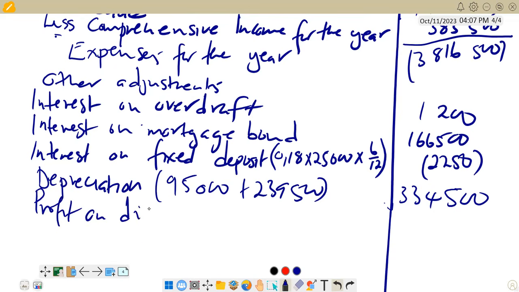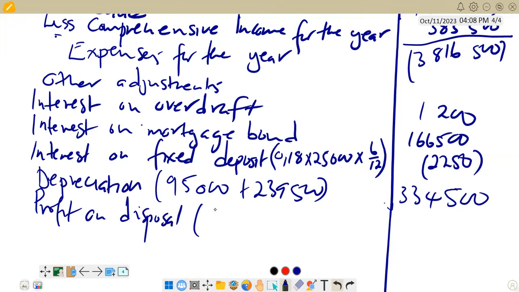Profit on disposal. And we are starting with the cost price. The cost price that we have for that non-current asset is 227,500. But it's a smaller figure.